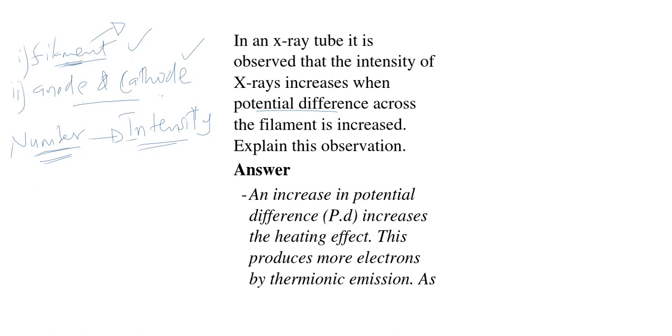But now when we come to the potential difference between the anode and the cathode, this is what we call the accelerating voltage. So this will have the effect on the speed of electrons, and the speed of the electrons is what determines the strength of the X-rays.